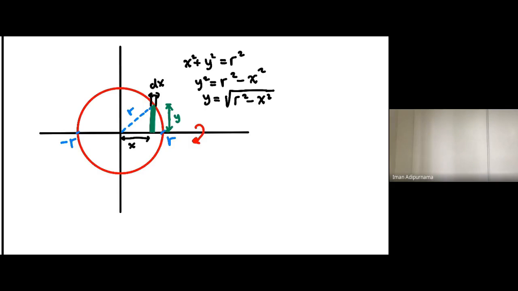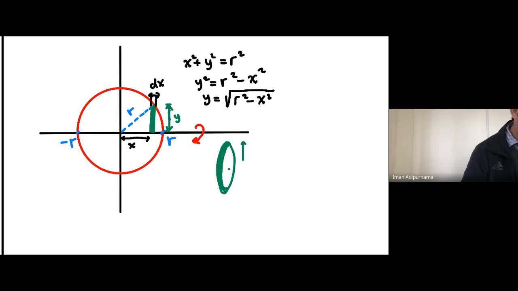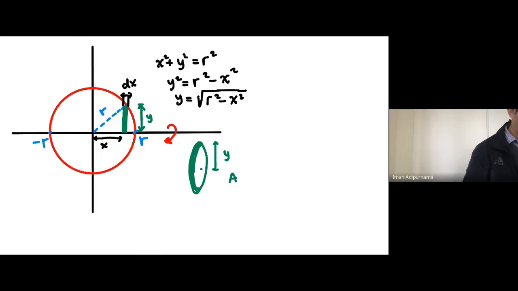So the radius of this disk, okay, let me draw the disk for you. This will be y, right? So the area will be pi y squared, right?